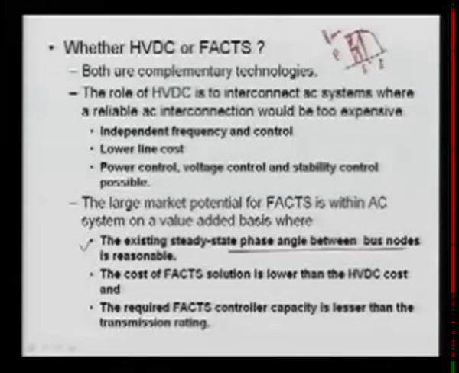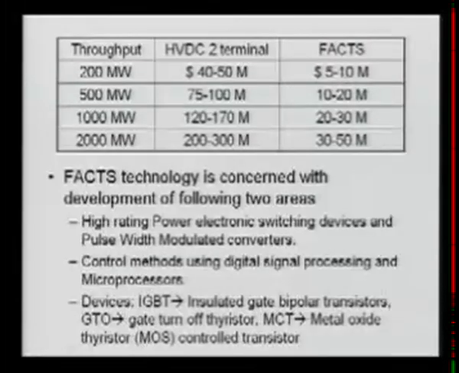We will see the cost of FACTS devices is always lower than HVDC cost. And the required FACTS controller capacity is lesser than the transmission rating, because the transmission rating is this much. So this rating is always less than the capacity of the transmission line. So these are the three points where we have to decide.